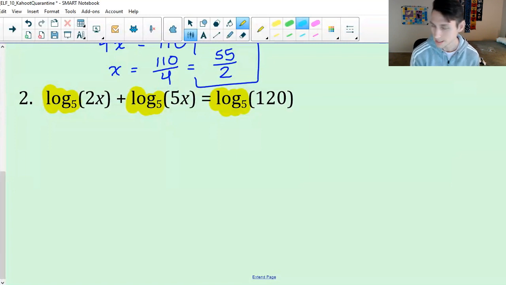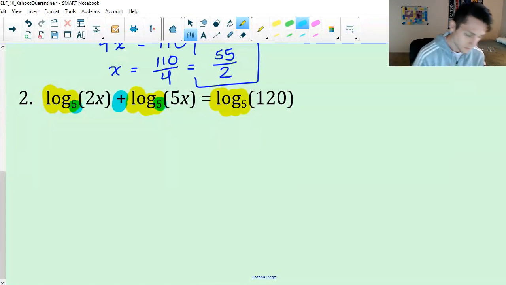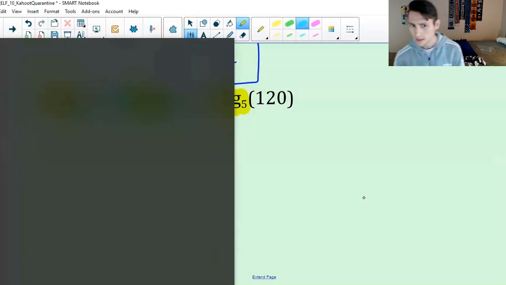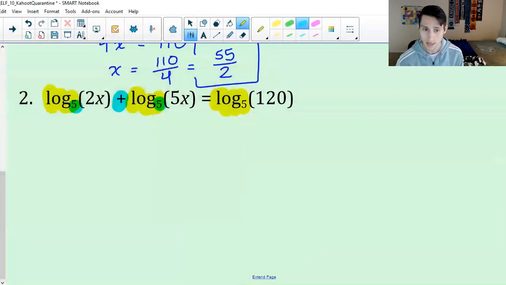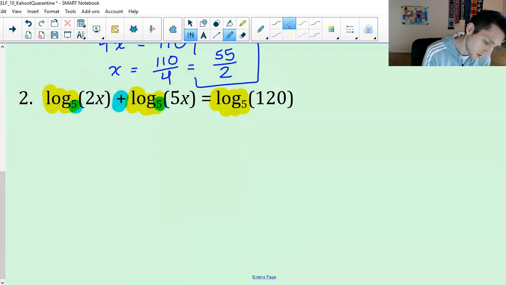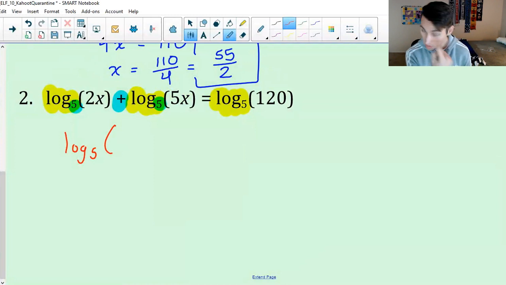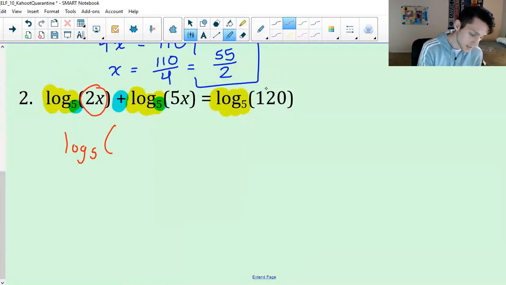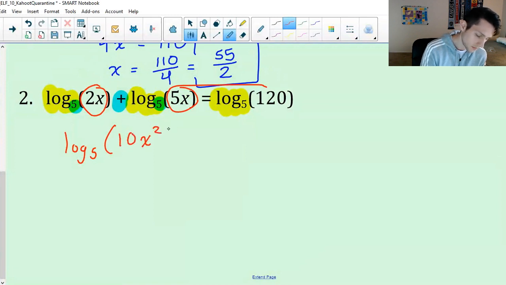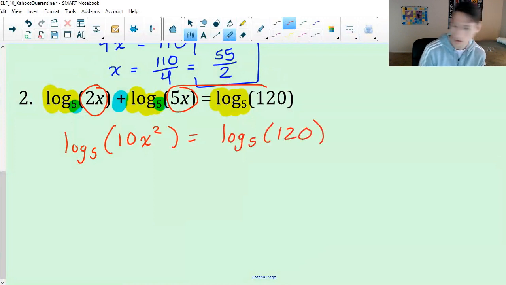And so the key thing here is looking at this left side of the equation, and I'm seeing these two logarithms are being added together and that they're both base 5. So two logarithms that have the same base and are being added together, I know I can combine those into one logarithm. So log base 5 of, and we multiply the stuff on the inside. So 2x times 5x, 10x squared, equals log base 5 of 120.